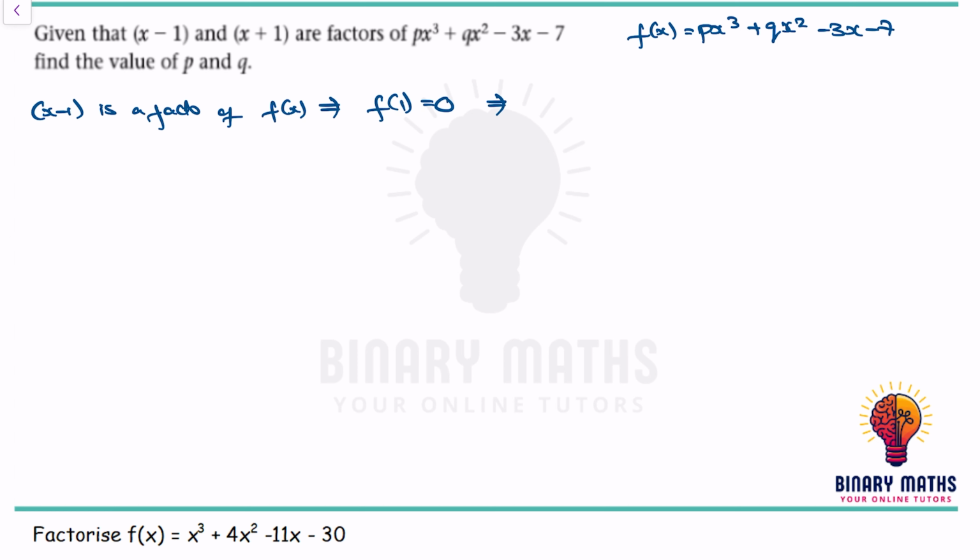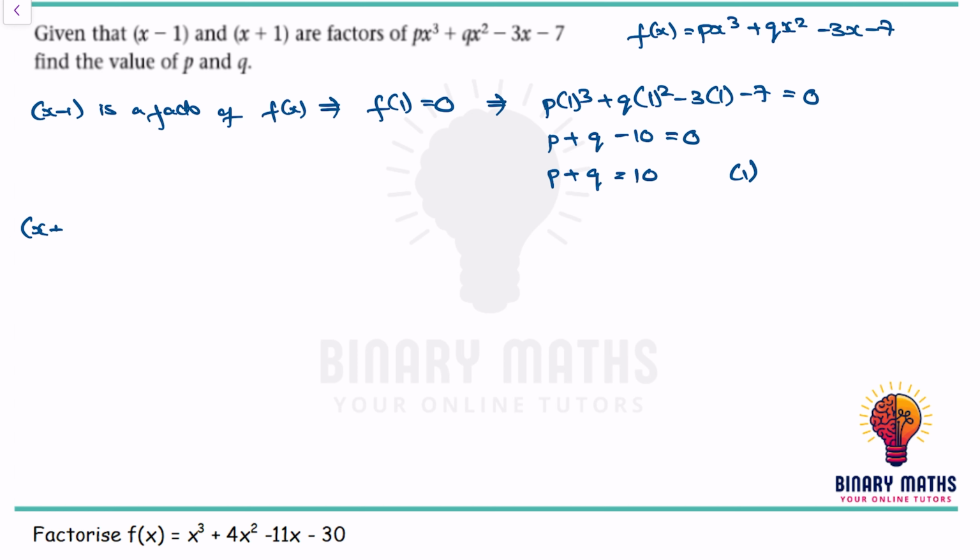Well, this means that p times 1 cubed plus q times 1 squared minus 3 times 1 minus 7 is equal to 0. This reduces down to p plus q minus 10 is equal to 0, which means p plus q is equal to 10. So that's my equation 1.